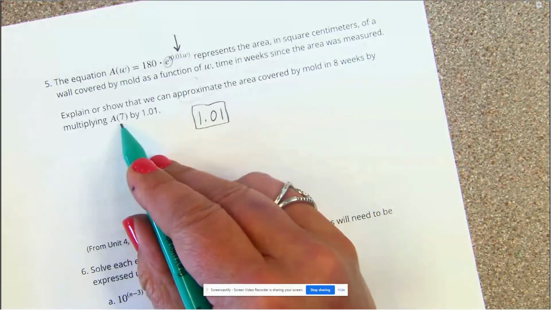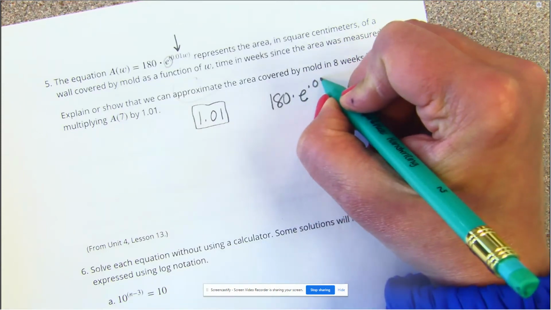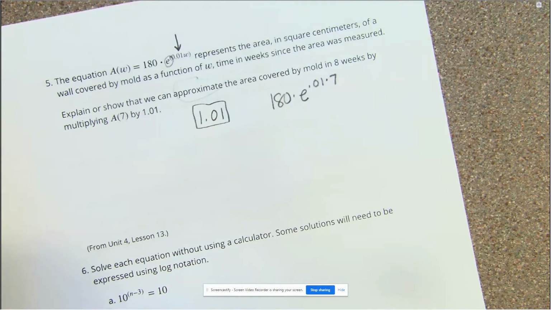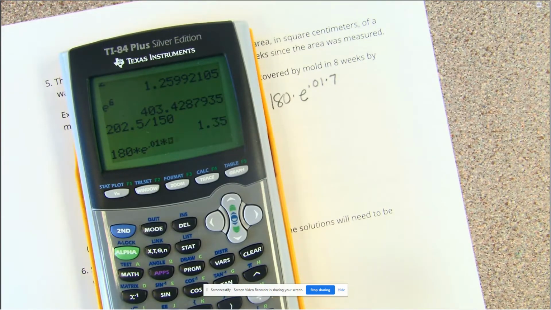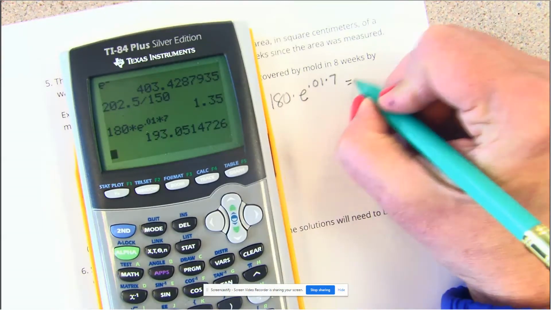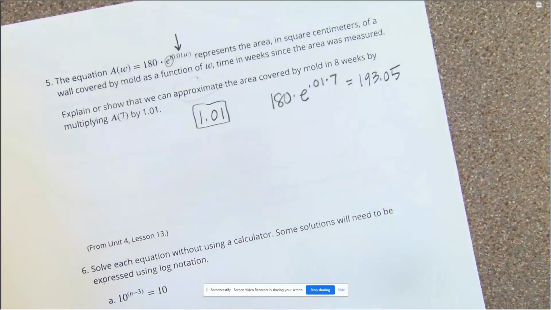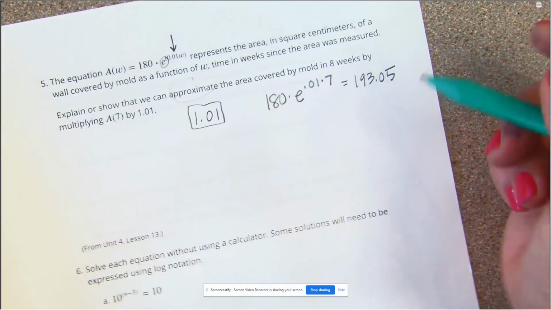So if I take the 7th week, 180 times E to the 0.01 times 7. Let's see what I get. I get 193.05. This is in weeks. Okay, so now the next week it should grow by 1%.